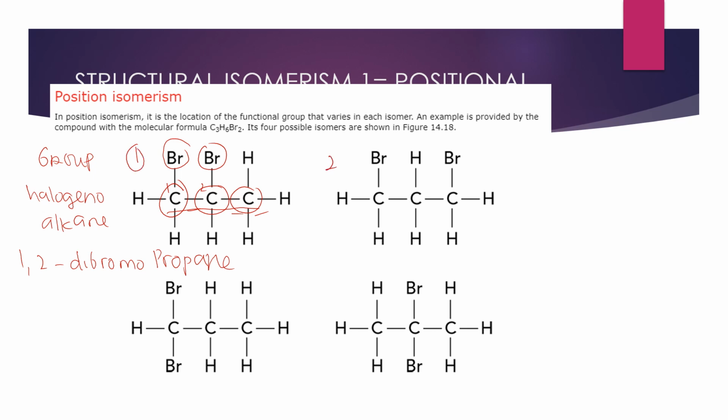The second isomer, the position of Br is in carbon number 1 and carbon number 3. So the substance is 1,3-dibromopropane.